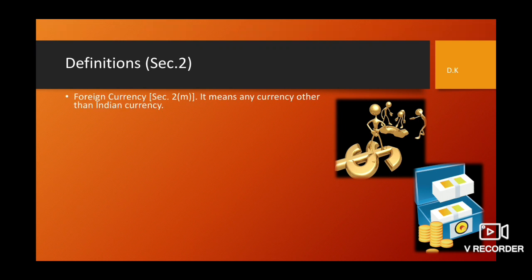Next, foreign currency. According to Section 2M, it is simply explained: it means any currency other than Indian currency, Indian rupees. Except the Indian currency, all currencies are foreign currencies.